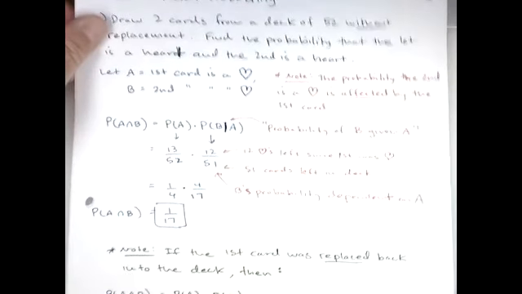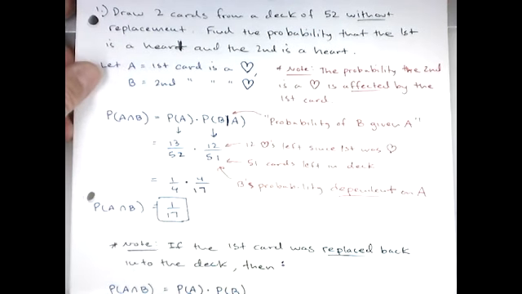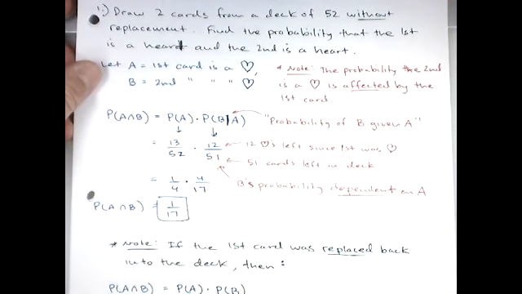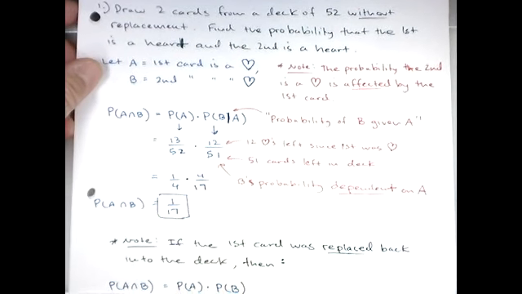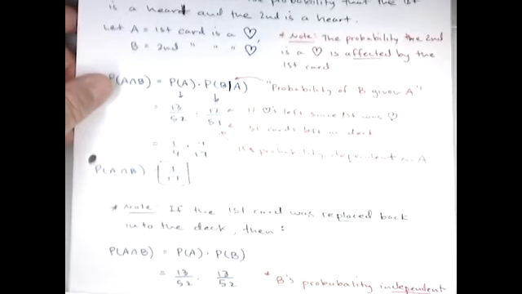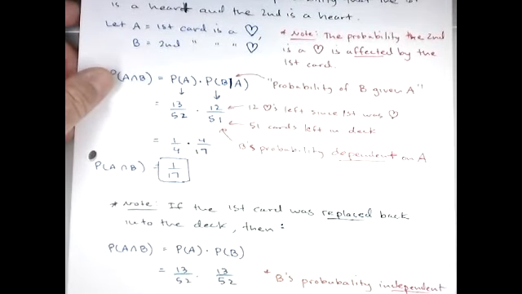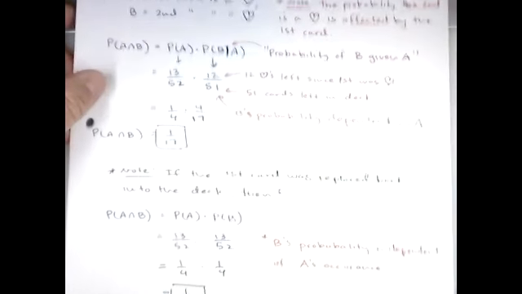Now, what if the first card was, okay, we've been talking a lot about replacement and not replacement, like, even with marbles pulling out of a jar, if you pull them out and replace them, then that's different than if you just pull them out. Same thing with cards. If the first card was replaced back into the deck, well then the probability of A and B, let's move this up here.